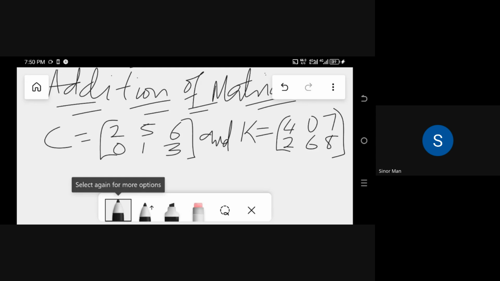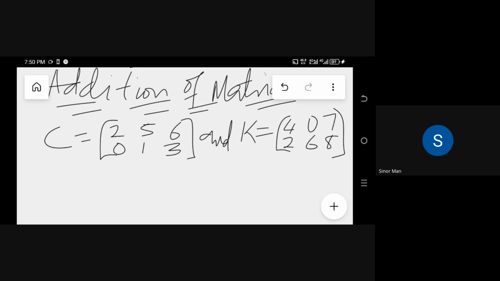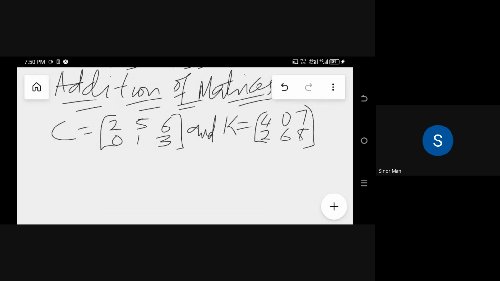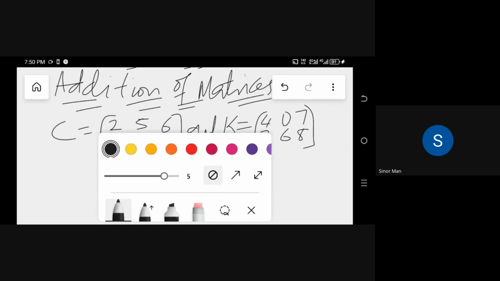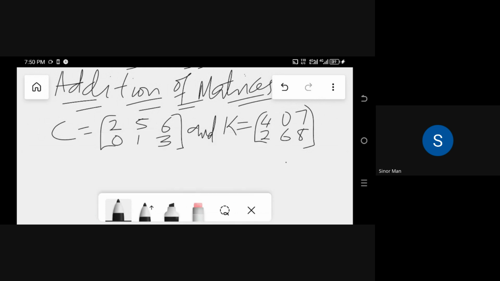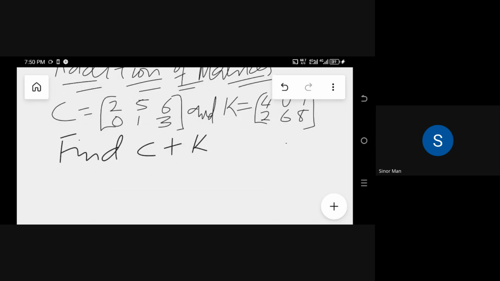Then, if you're told to find the sum of these two matrices, say C, find C plus K. What do we do?